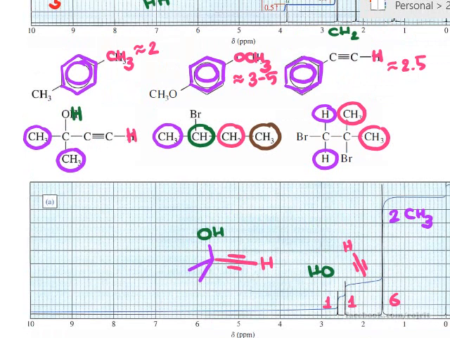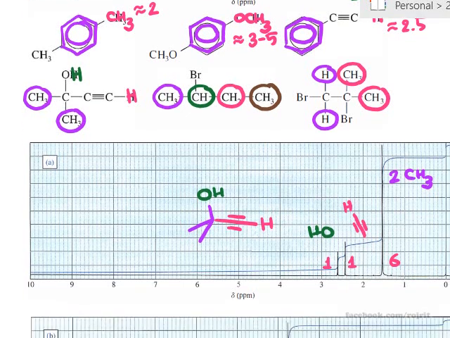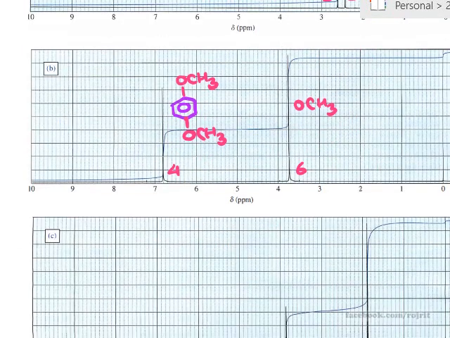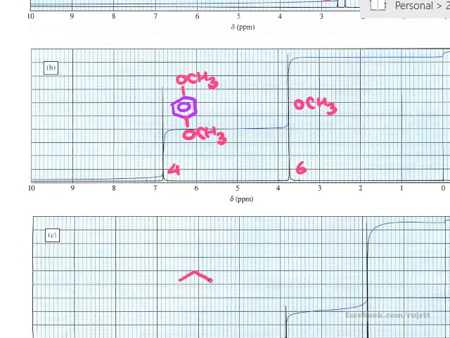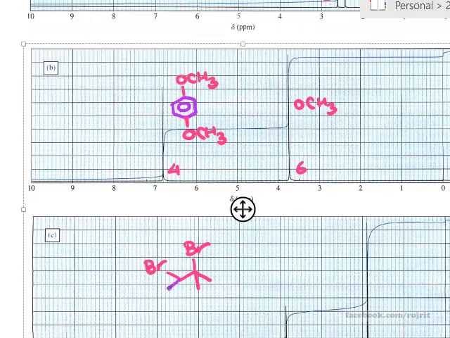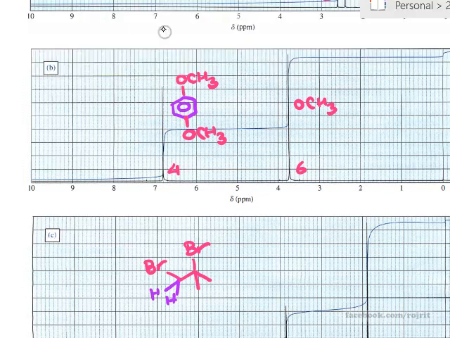So it is 1,2-dibromo-2-methylpropane, right? So it's this one. And as you can see, we have CH2 over here, and we also have two methyl groups over here.